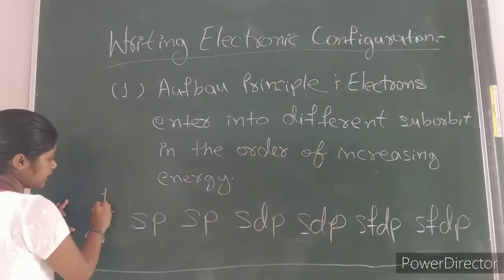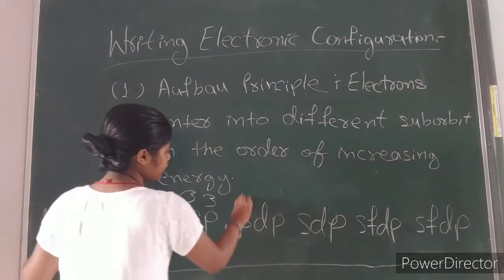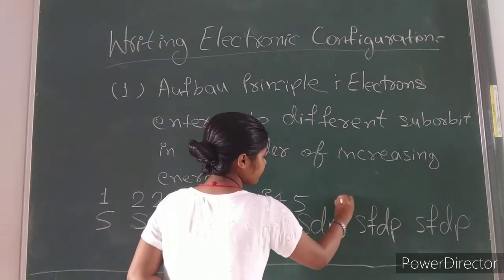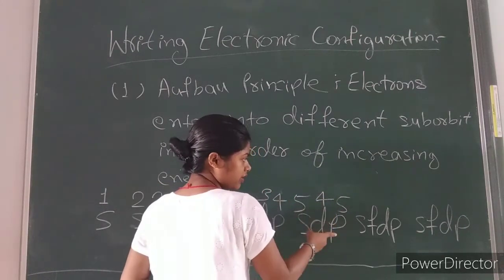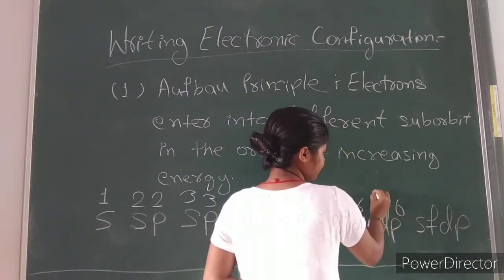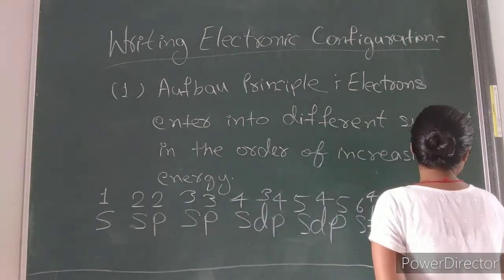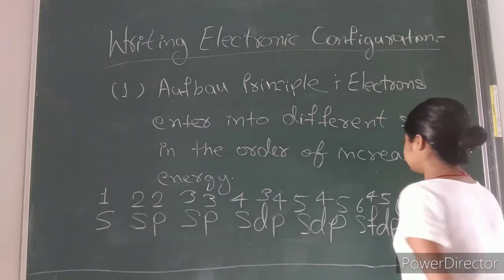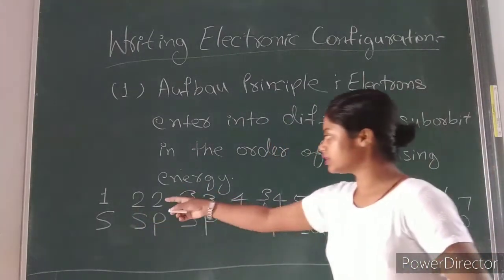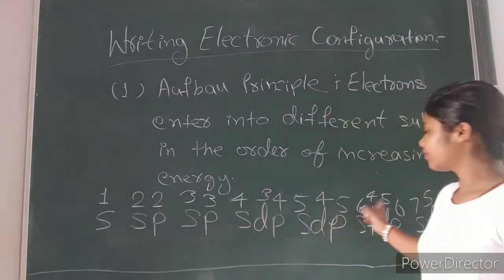Just put here 1, 2, 2, 3, 3, 4, 4, 3, 5, 5, 4, then 6, 6, 4, 5, 7, 7, 5, 6. So I have numbered these suborbits as 1, 2, 2, 3, 3, 4, 3, 4, 5, 4, 5.